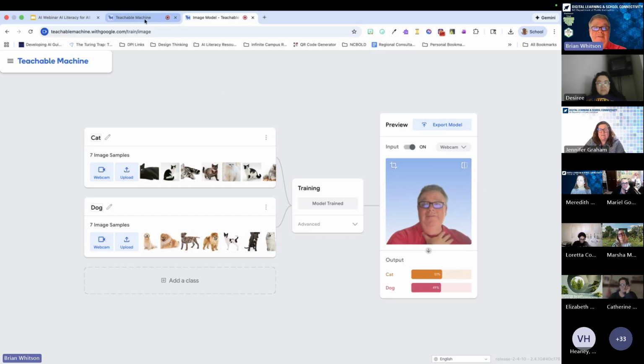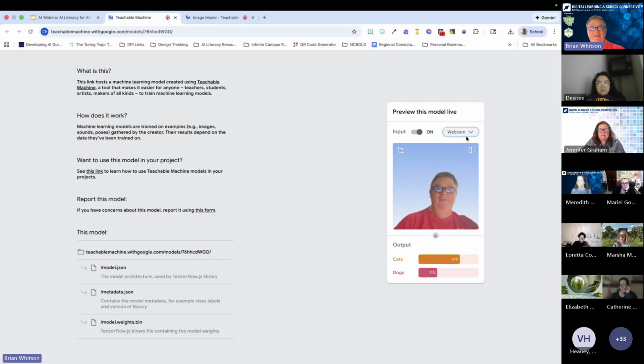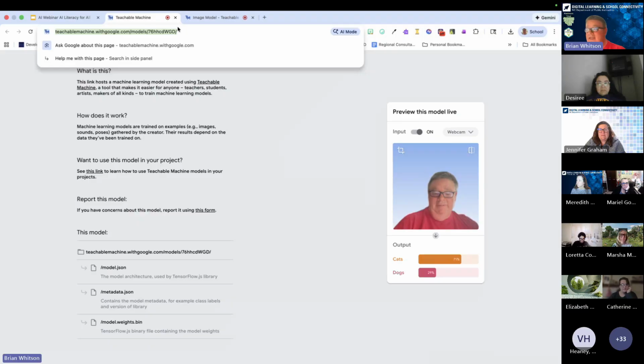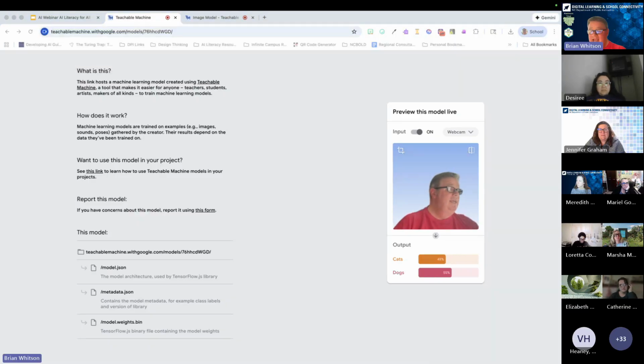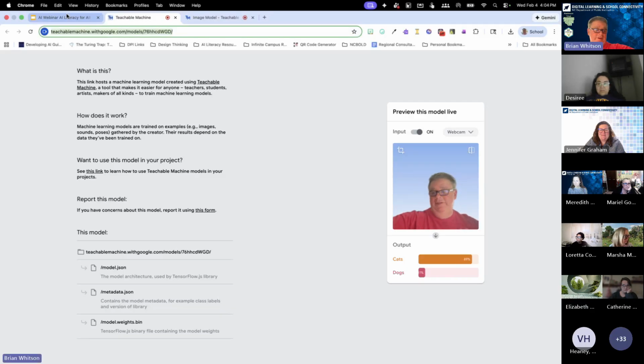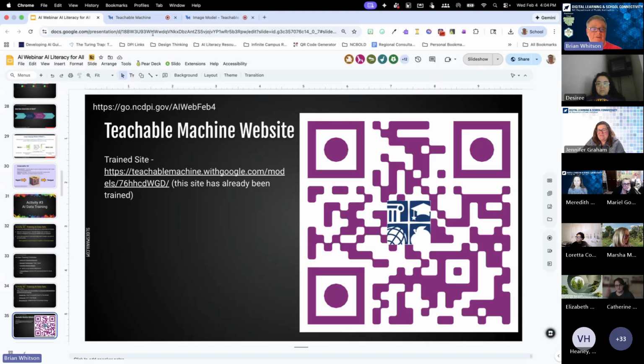So what I'd like for you to do is just take a moment with the link and go ahead and place some things around that you have around you. For example, I may pull up my simple K-12, and you can take a stapler or something and see how it classifies. And then we're going to come back in about 30 to 45 seconds. I'm going to ask you a couple of questions.